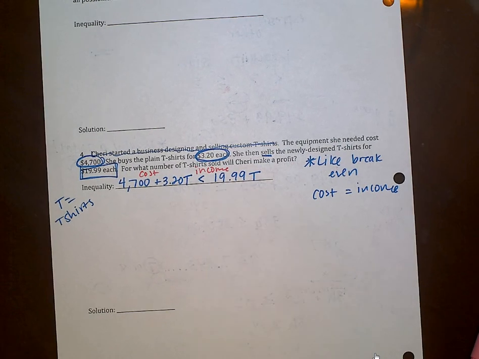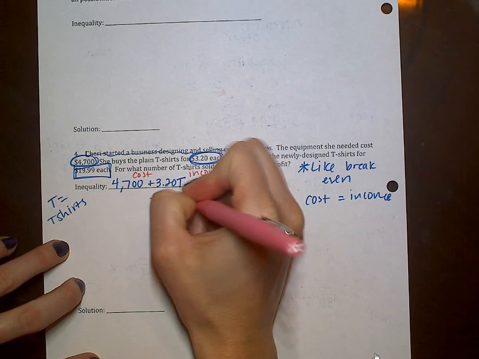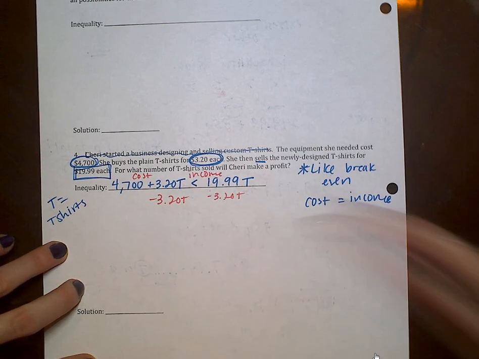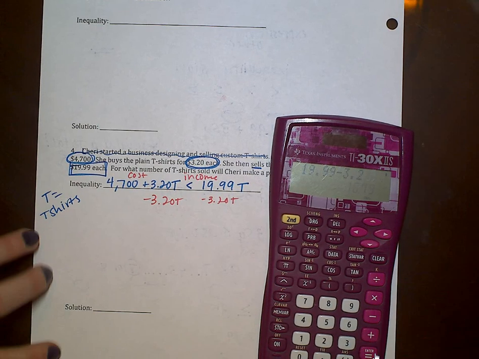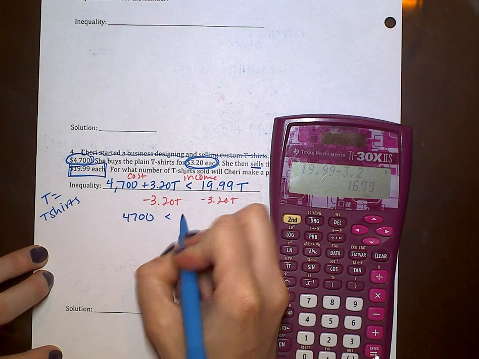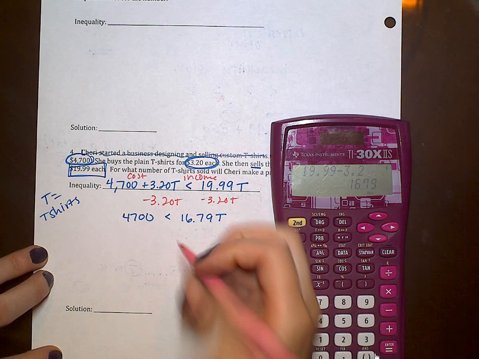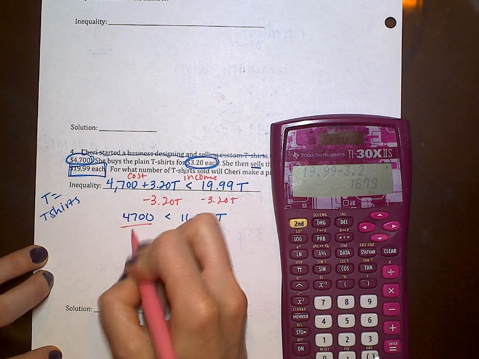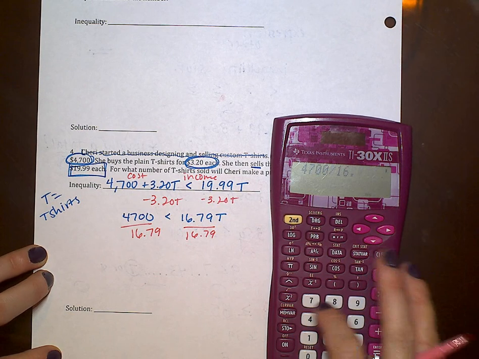Now I just solve this. So let me get the t's together. So 19.99 minus 3.20. And again, hopefully the solving part isn't too bad. And then I just divide. And I'm guessing this is not going to come out nicely.